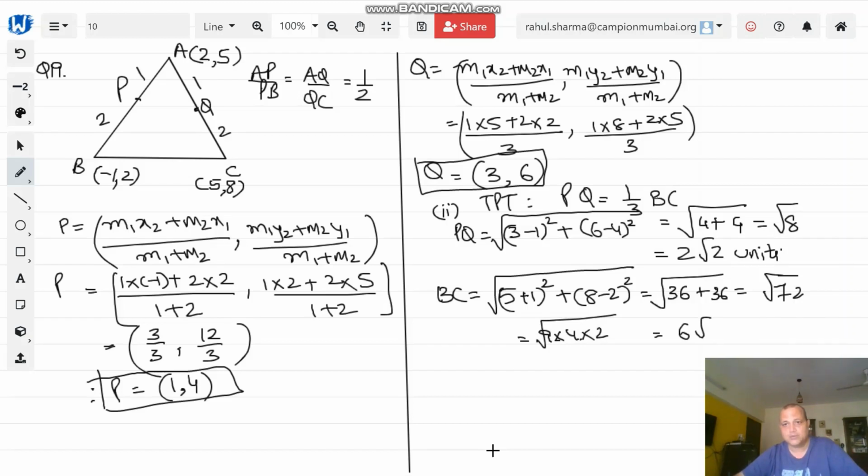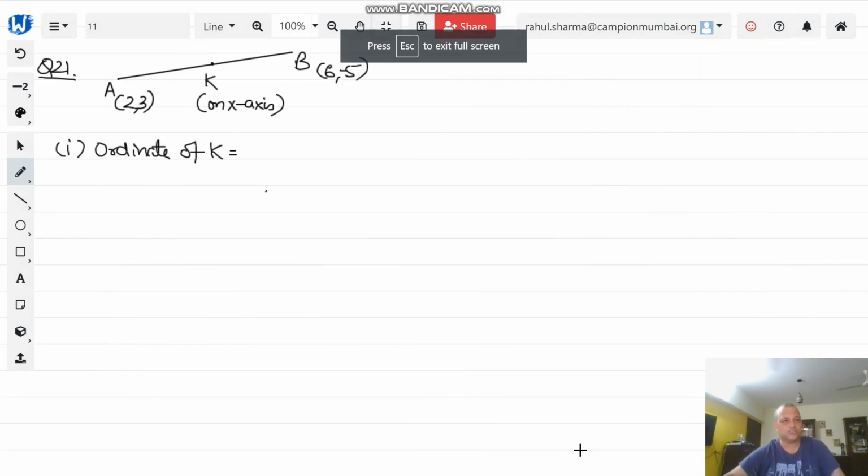So 6 root 2. Therefore, BC is equal to 3 times PQ, or PQ is equal to 1 by 3 BC. Done. Next question, question number 21.